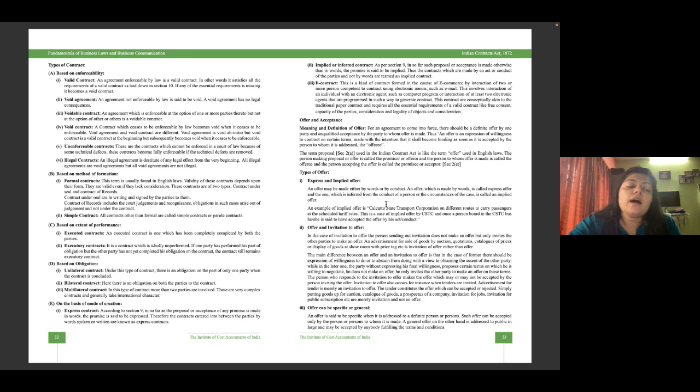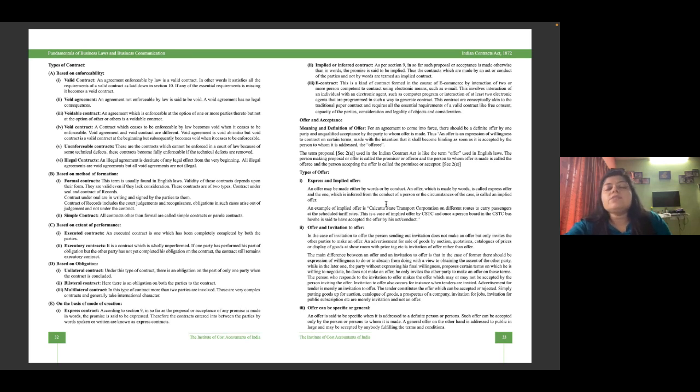The other modes are based on mode of contract, implied or inferred contract, or e-contracts. So when we are talking about a type of contract based on enforceability, there are 6 types of contracts: valid contract, voidable contracts, void contract, as well as unenforceable contracts and illegal contracts.